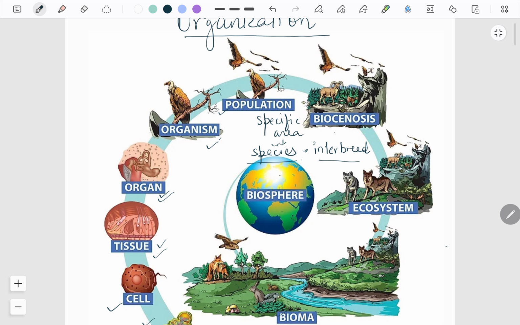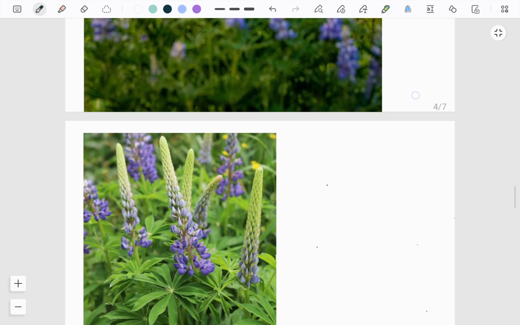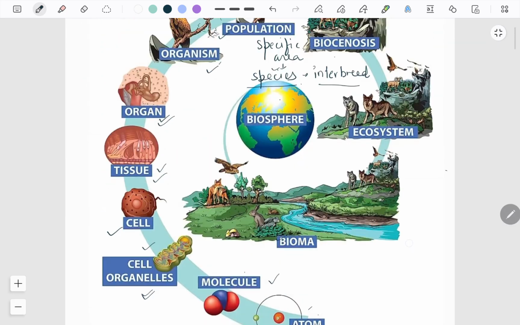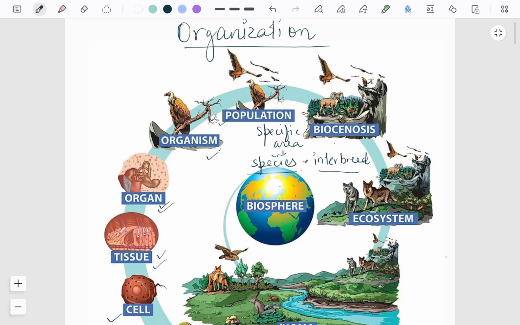For example, if that leaf was of this lupine plant, right? Lupine is not a tree, it's a small plant. So lupine population will be made.